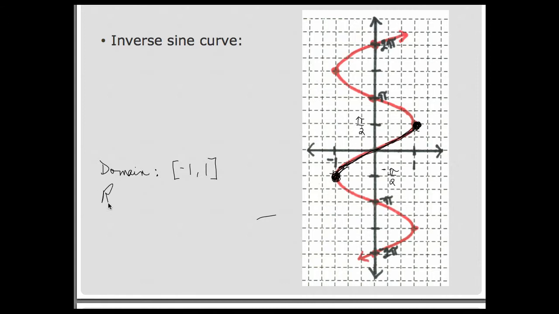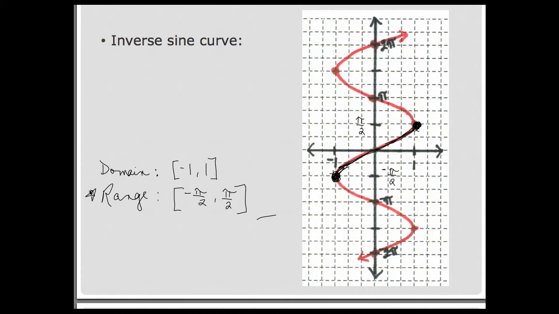The range is the y values, which in this case becomes the angles. And notice what angles it extends from negative pi over 2 to a positive pi over 2. So this is the part that you're going to need to know, this part right here. This is going to be really important for you to know.